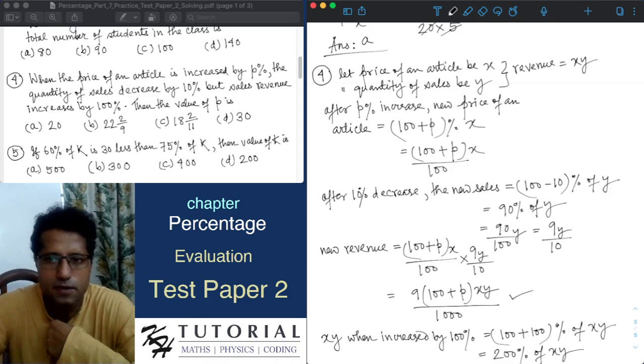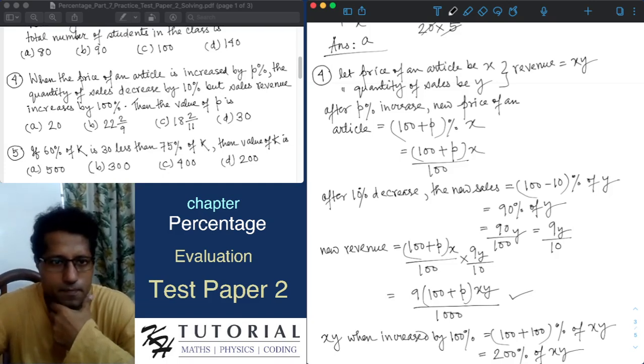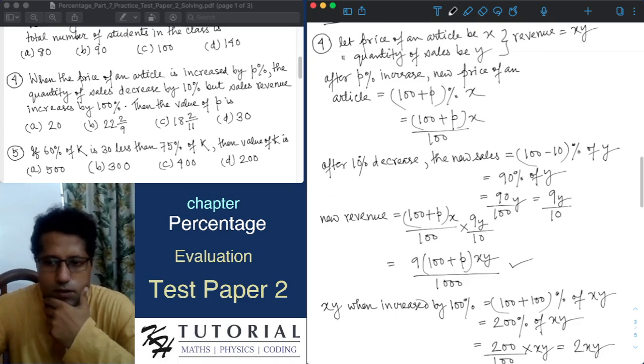After P% increase, the new price of the article will be 100 plus P divided by 100 into X. Now after 10% decrease, the new sales will be 90% of Y, that is 9Y by 10.